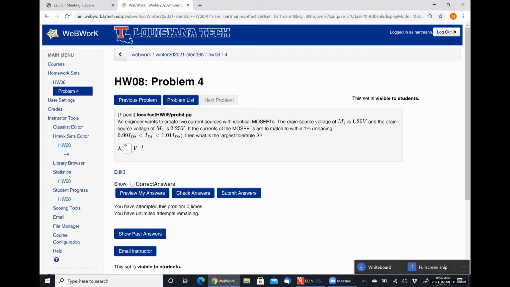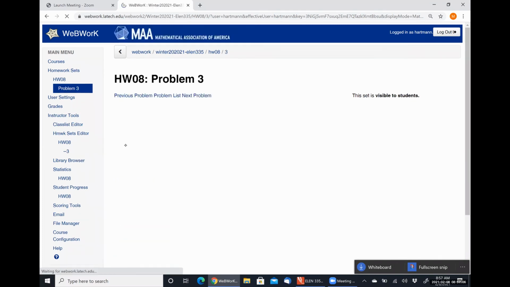That's just mathematical manipulation, right? You know that ID is going to be the exact same thing multiplied by a factor of 1 plus lambda VDS1 is 99% or whatever of ID times 1 plus lambda times VDS2. Manipulate, figure out what lambda has to be to make both of those constraints true. Easy enough. All right, so now let's go back to problem 3.